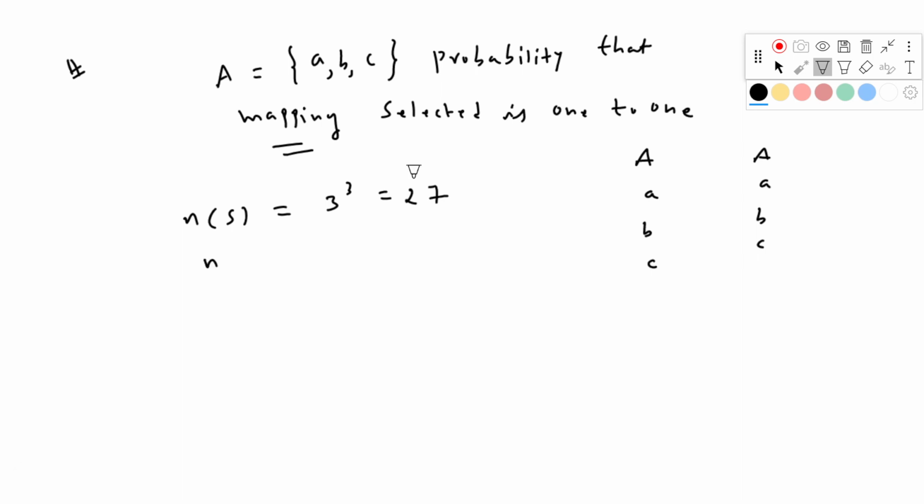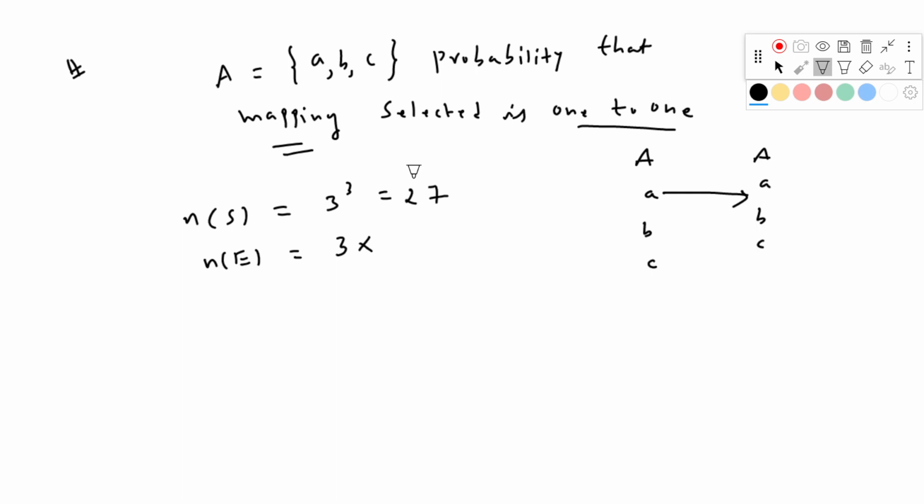Now the number of outcomes, that is represented by E. What is the outcome? Here the given condition is 1-to-1 mapping. So whenever 1-to-1 mapping, A can map with A or B or C. So the total number of possible outcomes for A is 3. For suppose 1-to-1 only, it can map with 1 only. Suppose A is mapping with A, then B cannot map with A. B can map with B and C only.